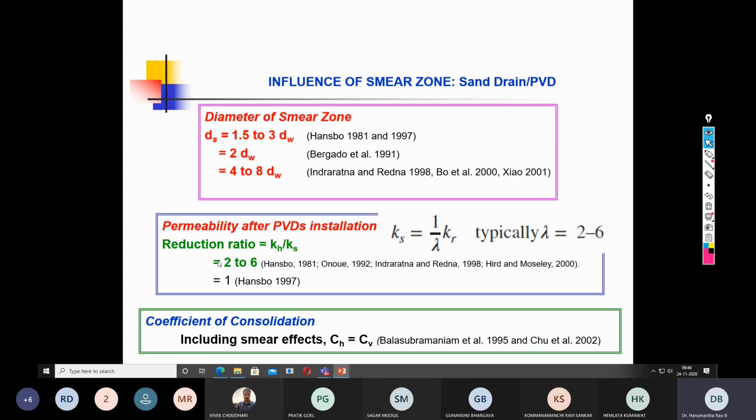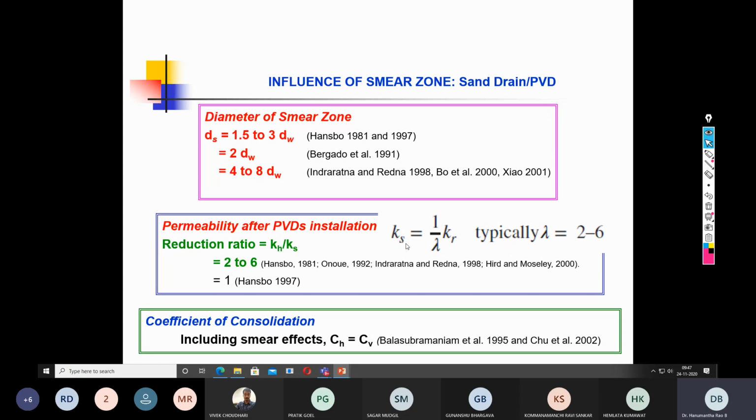Then similarly, the permeability in the horizontal direction, Kh, and Ks, that is the permeability of the smear zone effect. They say the ratio of Kh by Ks is approximately 2 to 6. Many people have told that the ratio is between 2 to 6, but somebody has told that it could even be 1.